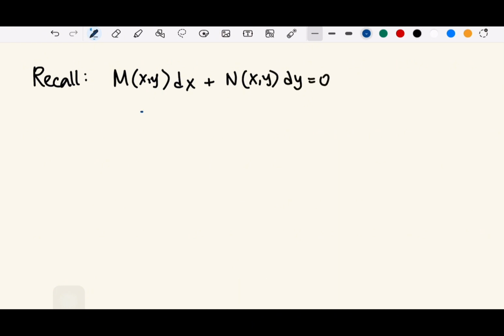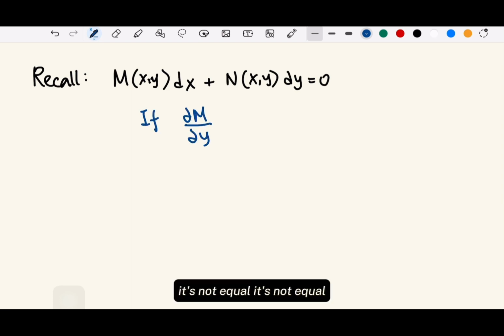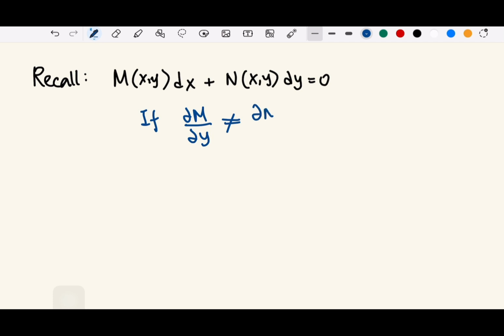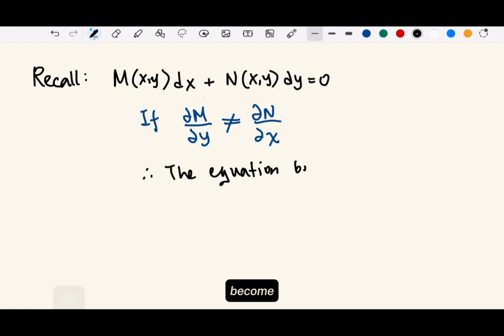So if it's not equal, then the equation becomes not exact, right?